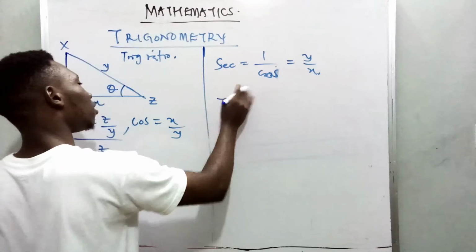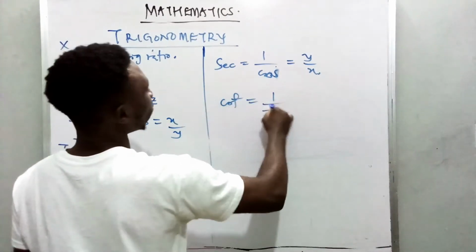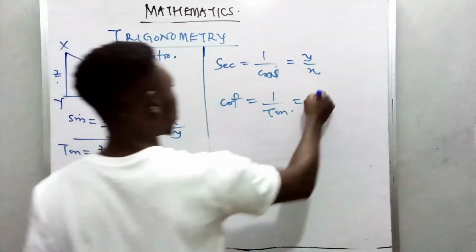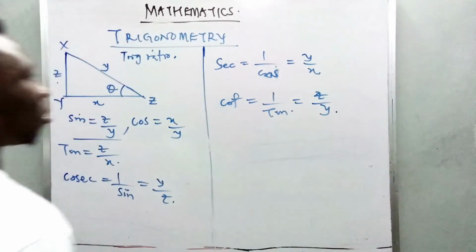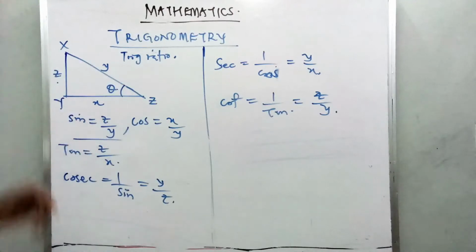And finally, cot is equal to 1 over tan, which is now equal to x over y. So these are our major trig ratios and their various inverses.